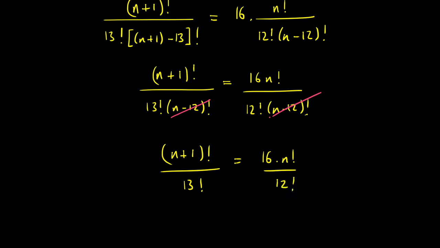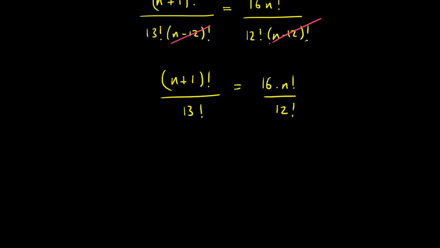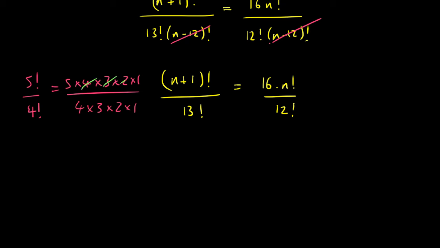All right, now here comes another trick. The other trick that you need to know for these kinds of questions is the following. If I've got, for example, 5 factorial over 4 factorial, what does that actually mean? That means we've got 5 times 4 times 3 times 2 times 1 divided through by 4 times 3 times 2 times 1. So what's going to happen there? Everything's going to cancel off apart from the 5.